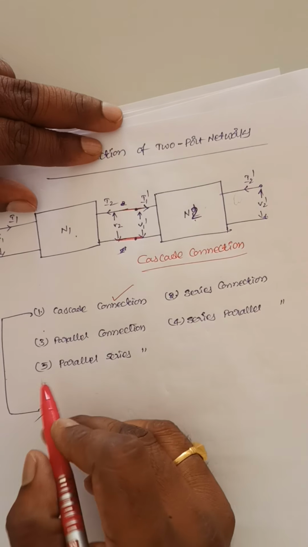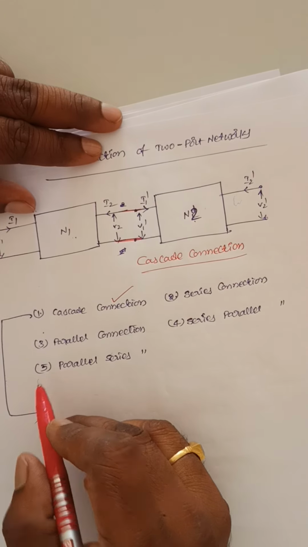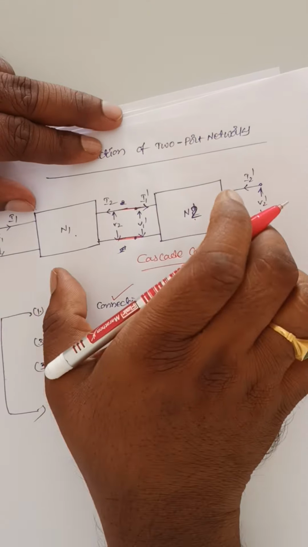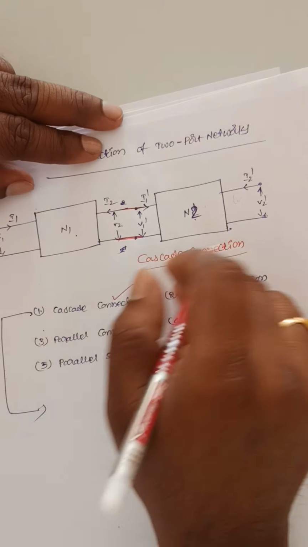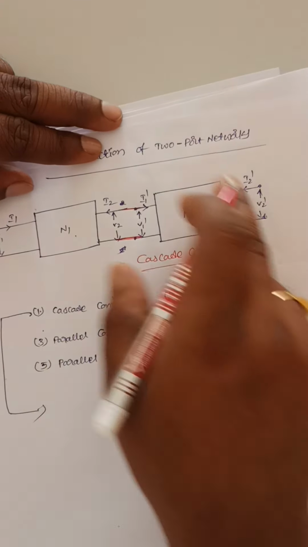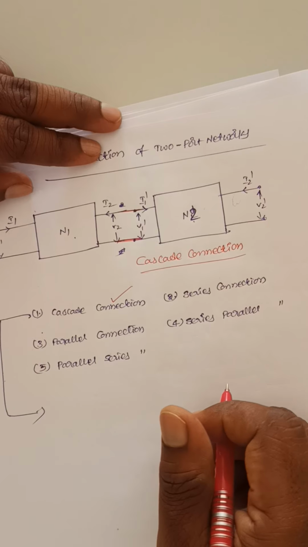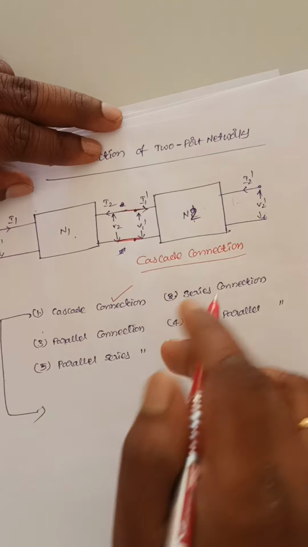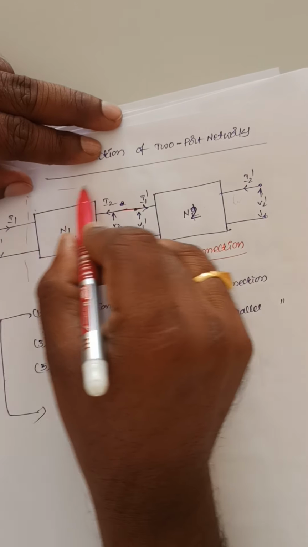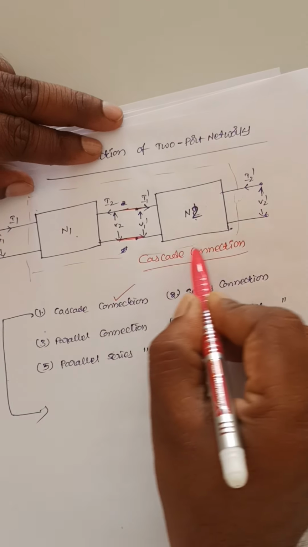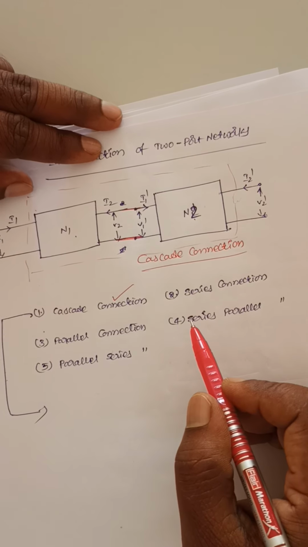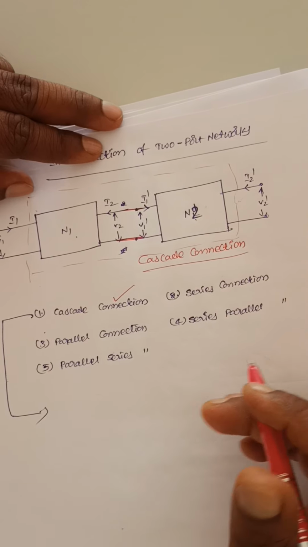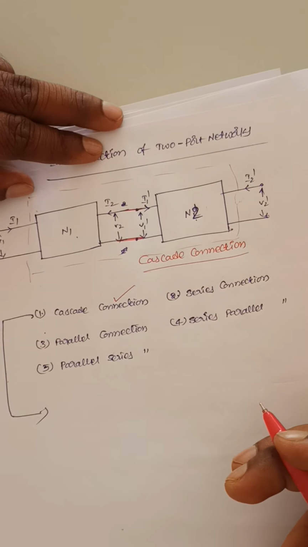For this cascade connection, my main intention here is to find the parameters of the combination of these two networks. Z parameters, Y parameters, ABCD parameters, hybrid parameters, there are different types of parameters.